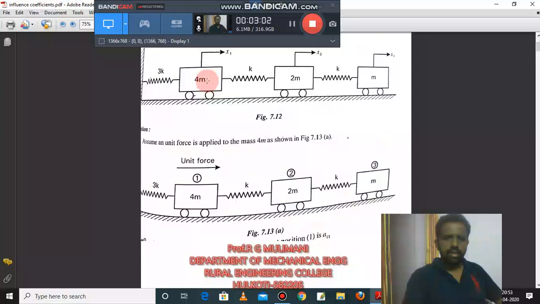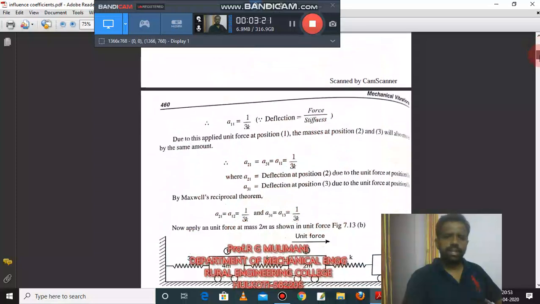See here, when the unit force is applied at the mass 1, the displacement is the same for mass 1, mass 2, and mass 3. So A11 is equal to A21, A21 is equal to A31, and by Maxwell's reciprocal method, Aij is equal to Aji.